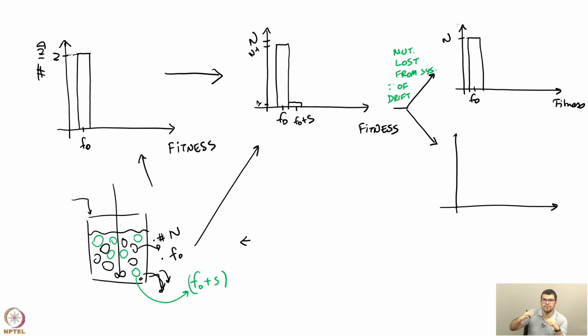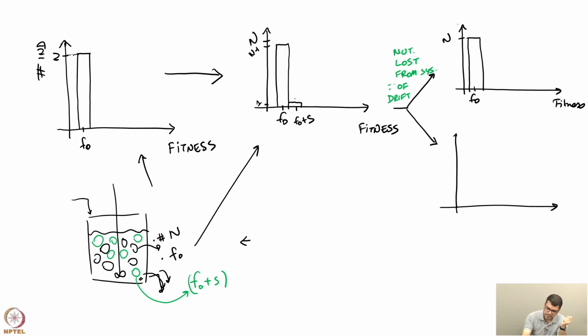So the relative role of drift in dictating the fate of the green mutation decreases as the number of individuals carrying that mutation increases. Now, there are sufficiently large number of green individuals here that drift is no longer going to be the significant player, it is going to be selection which dictates the fate.